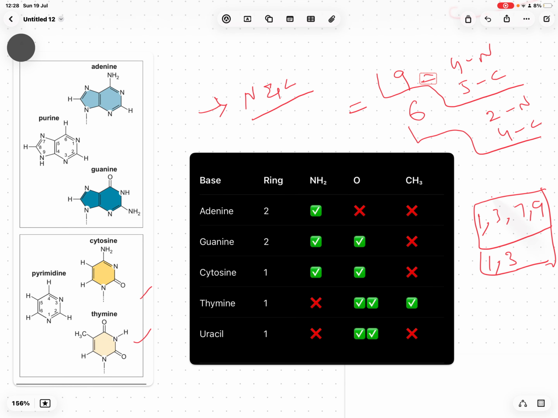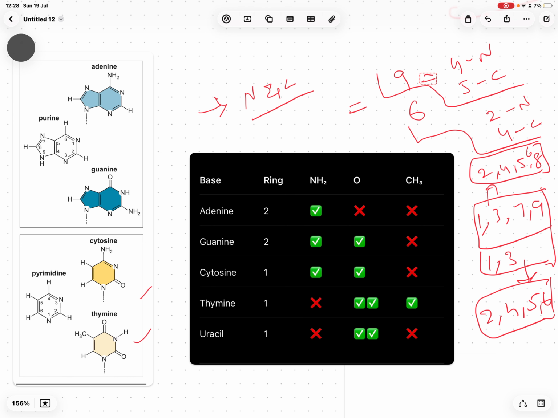The rest of the atoms in purines, the second atom, the fourth and fifth, and the sixth atom, these 5 are carbon atoms. In the case of pyrimidines, 2, 4, 5, 6, these 4 are the carbon atoms.